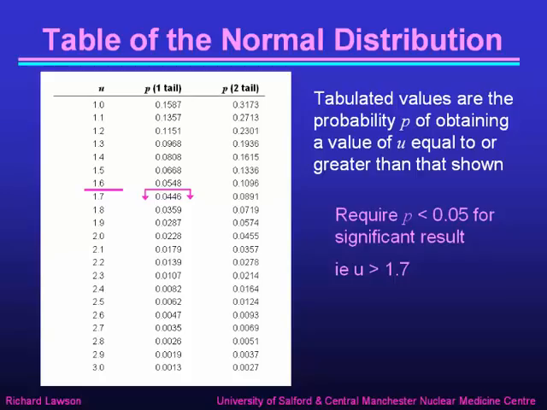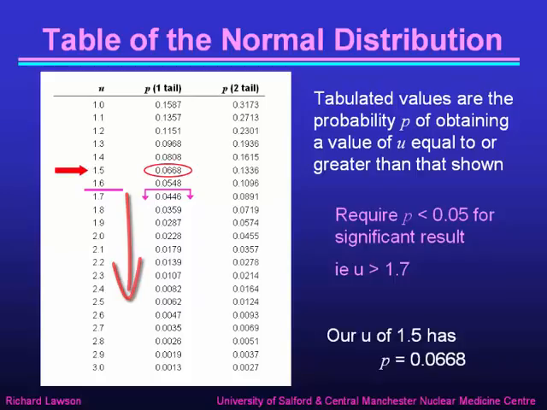We look that up in the normal distribution. Remember, we're tabulating the values of the probability p of obtaining a value of u equal to or greater than that shown. And we want a significance level of 0.05, which means that for a one-tailed test, as we've already seen in a previous example, we need u greater than 1.7 to reach significance at the 5% level.